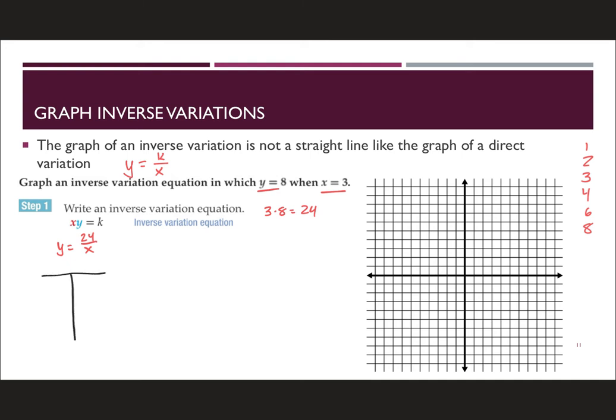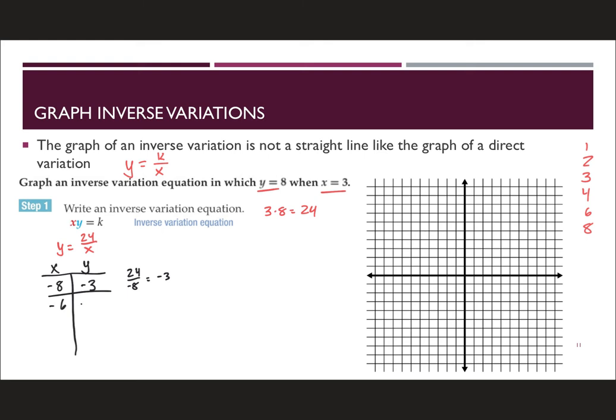All right, let's do my equation, and I'm going to do my negative values first. I'm going to start off small on my x's, and I'll explain why in a moment. So I'm going to say negative 8 for my x. If I were to plug it in, that's 24 divided by negative 8, and that would give me a negative 3. Then I got negative 6.